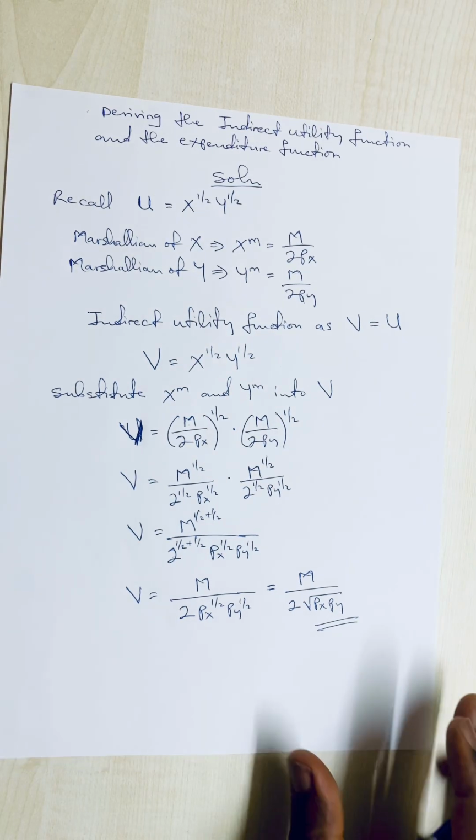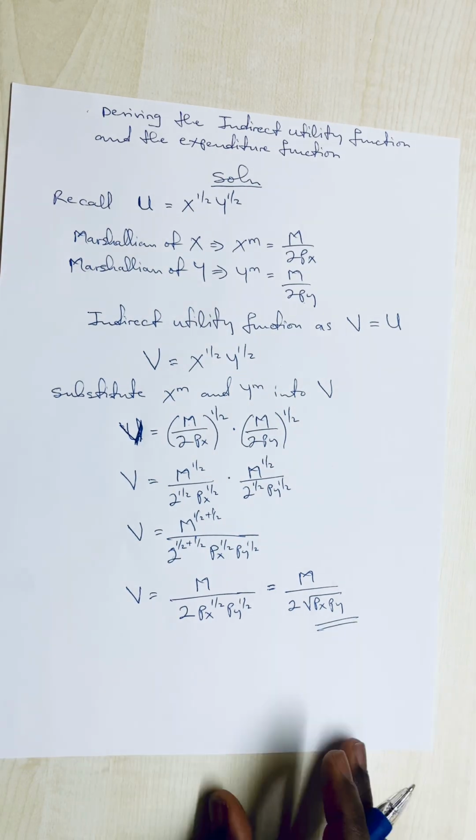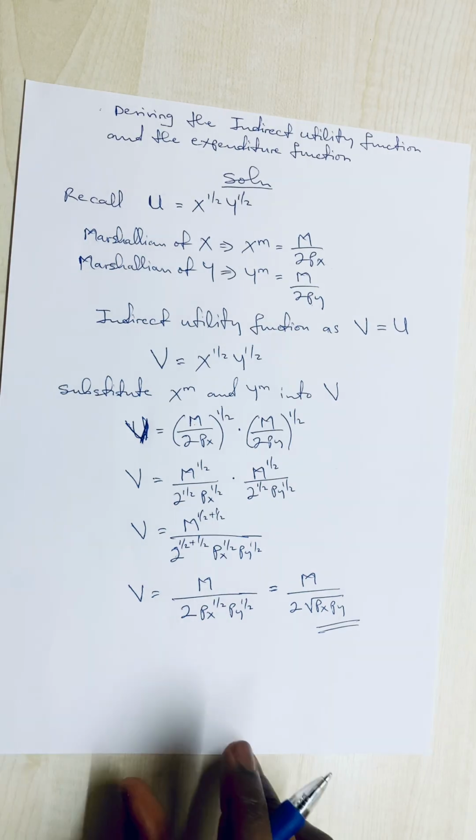Now we want to derive the consumer's expenditure function from this indirect utility function. It's easy.